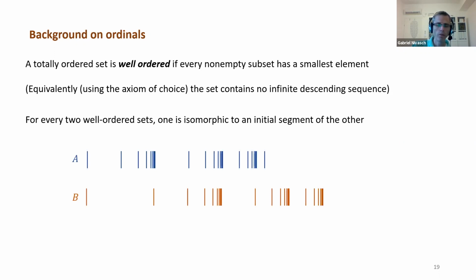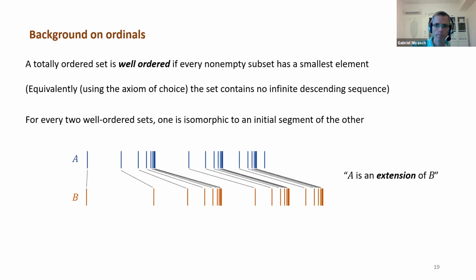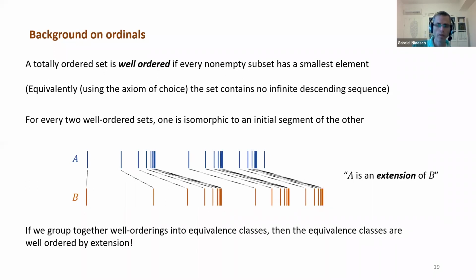If you have two well-ordered sets, one is isomorphic to an initial segment of the other. So you start pairing them up from the bottom up, and you'll get that B is an initial segment of A, or A is an extension of B. So if you group together well-orders into equivalence classes, those equivalence classes are themselves well-ordered by extension.